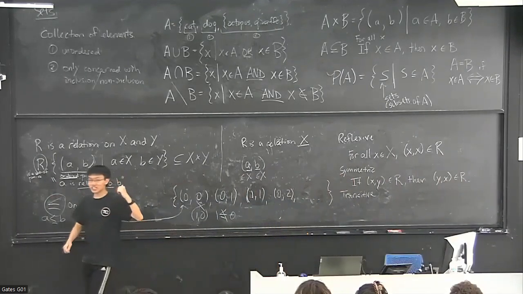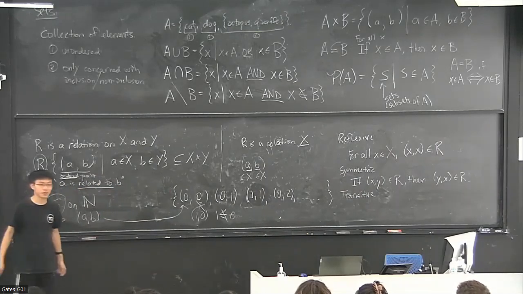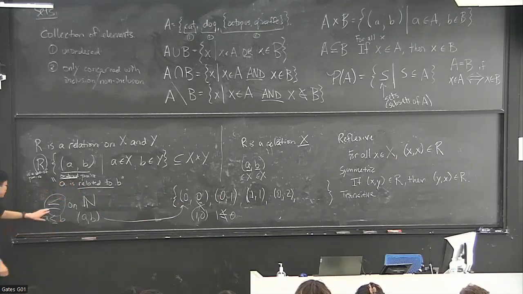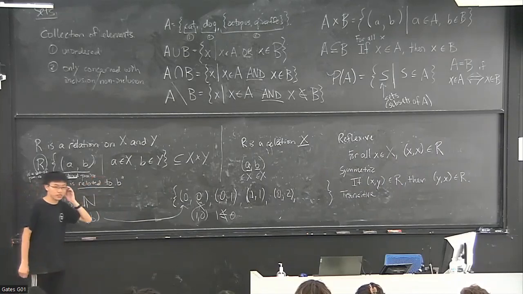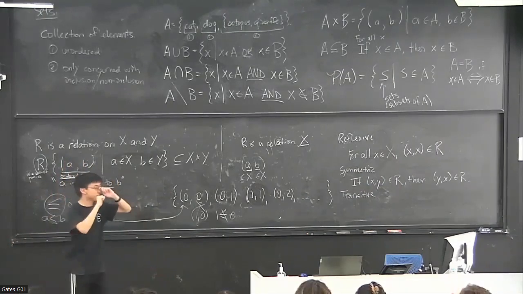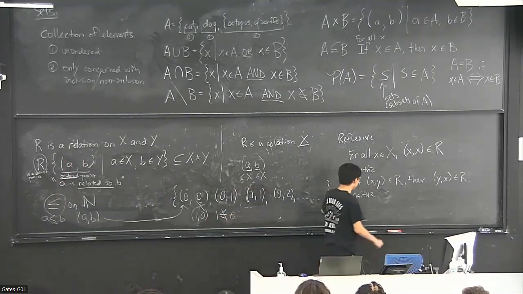It has to be a special structure because this is an ordered pair. It's possible that your relation has (1, 2) but not (2, 1). Is a less than or equal to relation symmetric? Thumbs up or thumbs down. Good, it's not symmetric. (0, 1) is there, but (1, 0) is not.